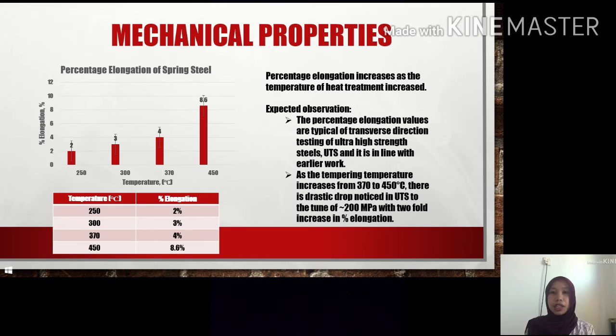As the tempering temperature increases from 370 to 450 degrees Celsius, there is a drastic drop noticed in UTS, to the tune of 200 MPa, with a two-fold increase in percentage elongation.